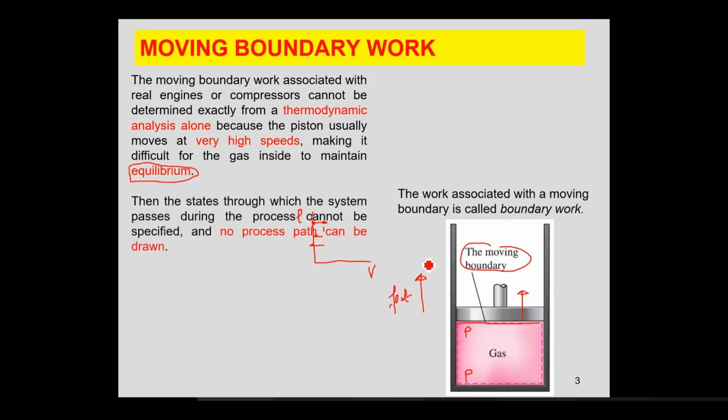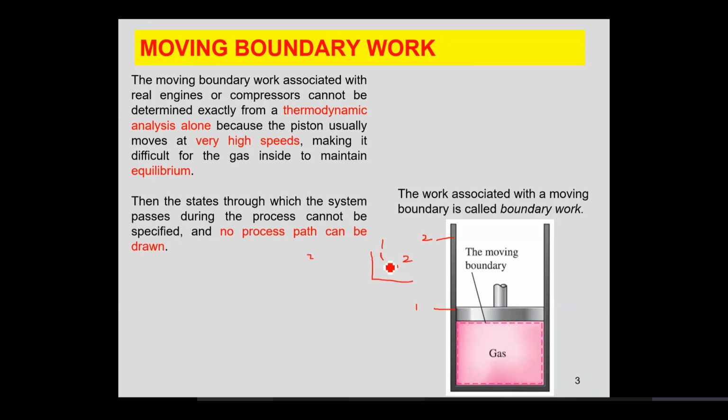So if I cannot specify the pressure of my system, and my system moves from, let's say, state 1 to some other state, state 2, I cannot represent the path through which this system moved from 1 to 2.